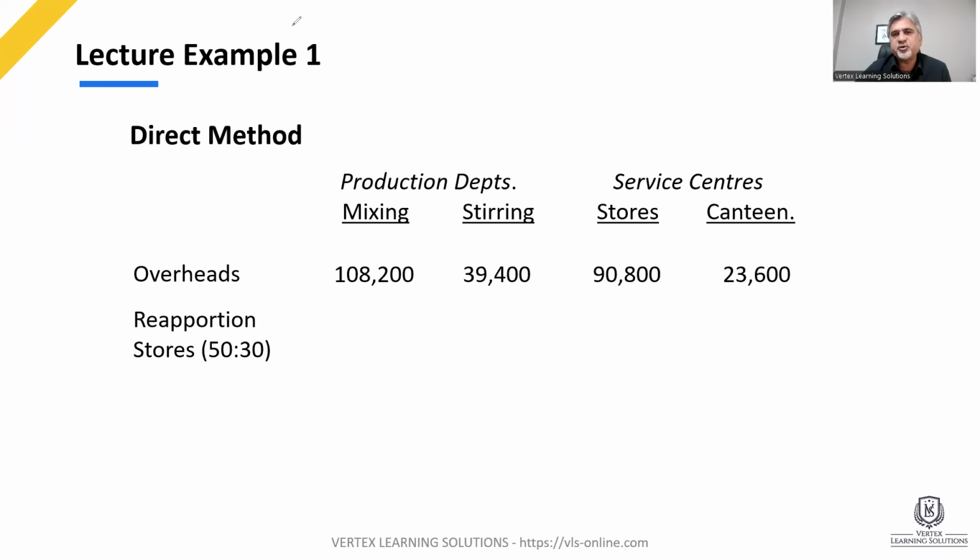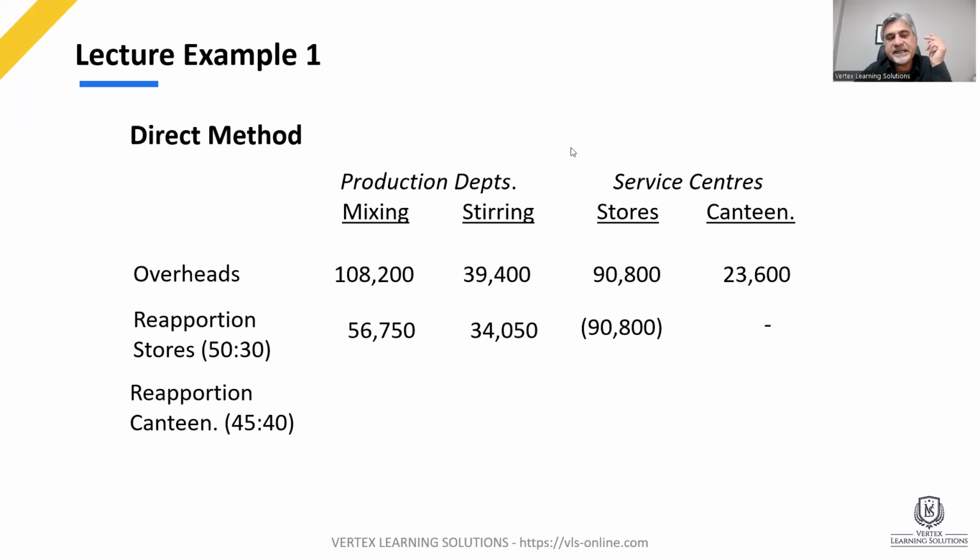They gave us the ratio 50 to 30, and this 90,800 will be divided between these two departments based on 5/8 and 3/8. So you always need to make a total: 50 plus 30, or you can call it 5 plus 3, which is 8. So out of 8 portions, 5 portions are here, and 3 portions are here. So 5/8 of this 90,800 comes here, and 3/8 comes here.